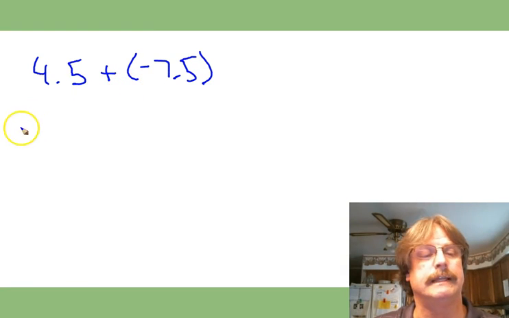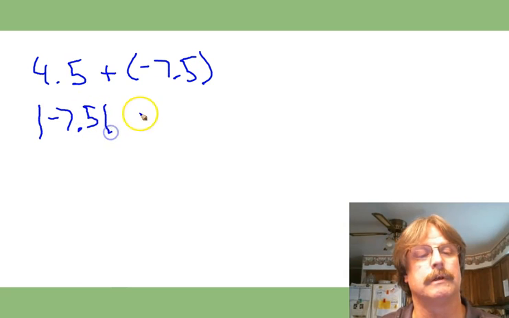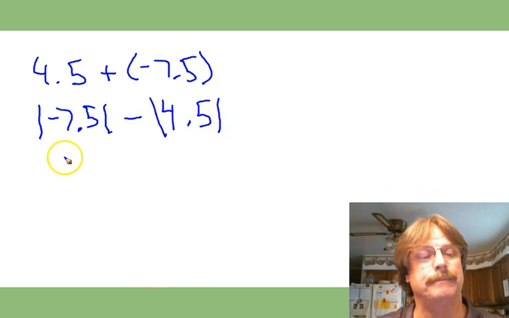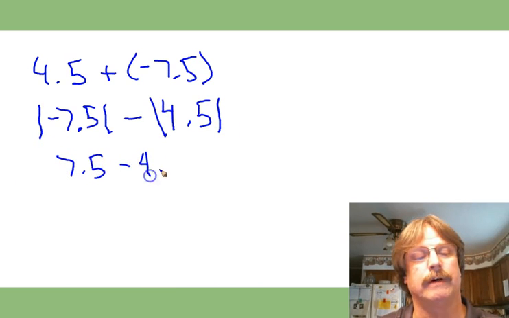What you're going to do is take the absolute value of -7.5, and you're going to subtract the 4.5. You can take the absolute value of that also. So that becomes 7.5 minus 4.5.